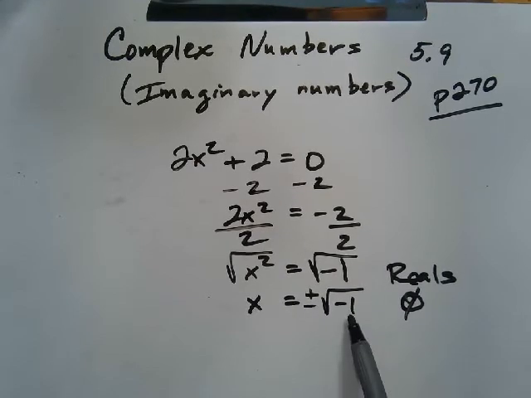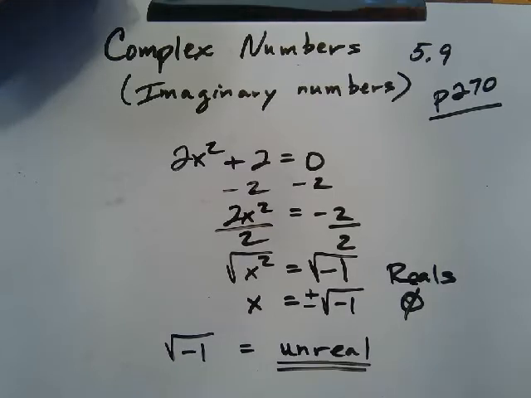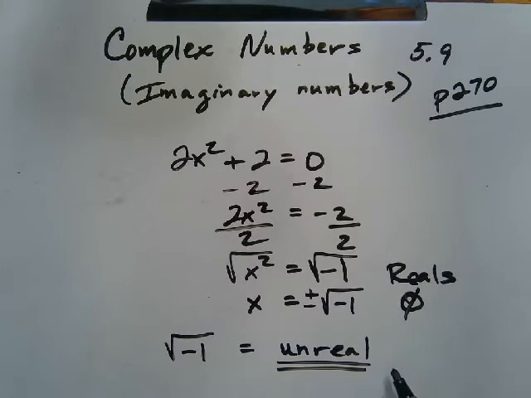If you put this number in your calculator and punch in the square root of negative 1, it probably says an unreal answer, okay? But if you set your calculator to a certain setting, you will actually get an answer. Let me take a look at what your calculator would do here.